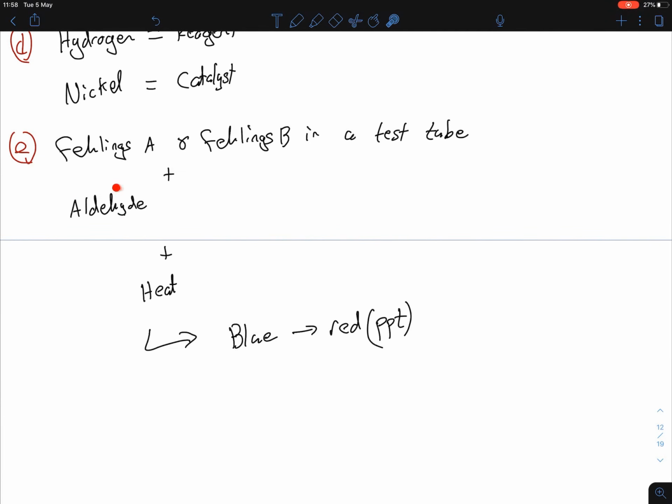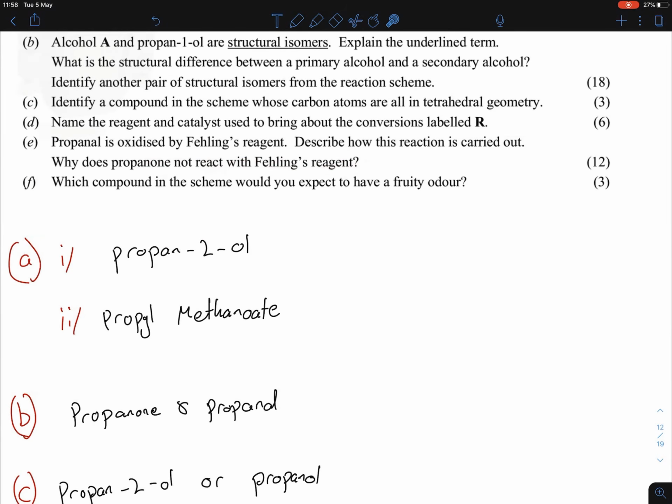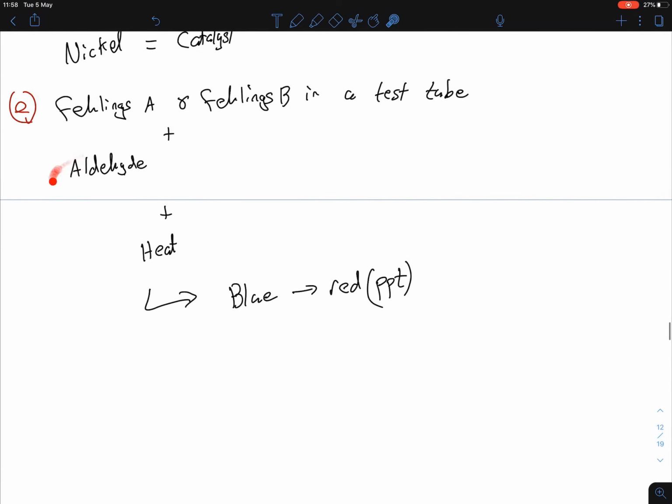Now, if you put a ketone inside there, so again it could have been, I think they said propanone. Why does propanone not react with it? If you put propanone here instead, you'll get no red precipitate. Propanone is a ketone, which is very difficult to oxidize.